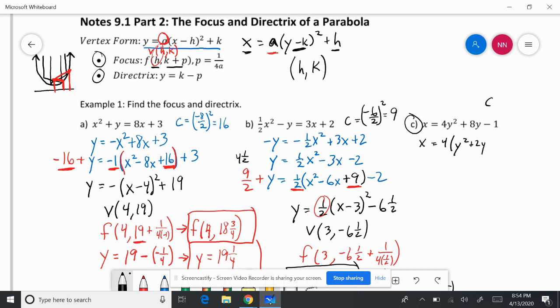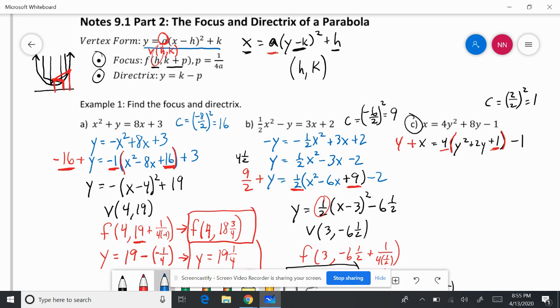I'm going to find my new c value. I'm going to take my 2, divide it by 2, and square it. Now, once again, a lot of you have probably noticed it. I added a 1. Since it's in parentheses and there's a 4 in the front, I really added a 4.